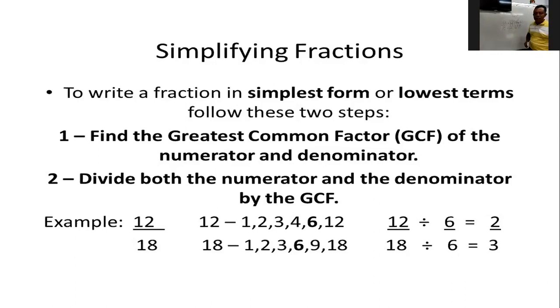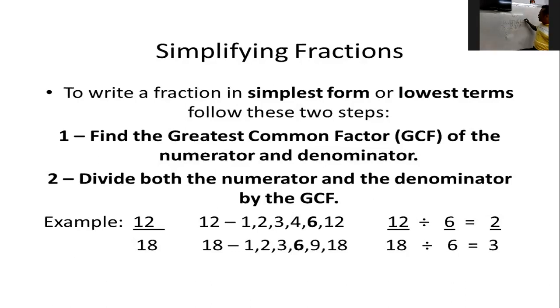Okay? GCF. Now after that, the second step is divide both the numerator and the denominator. Let's go back. We have the numerator and the denominator, and we are asked to divide.